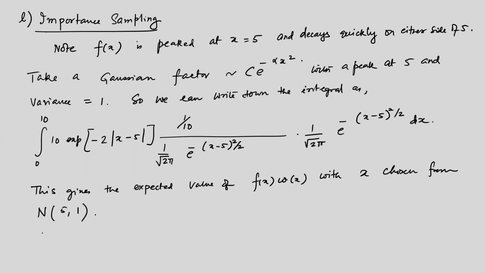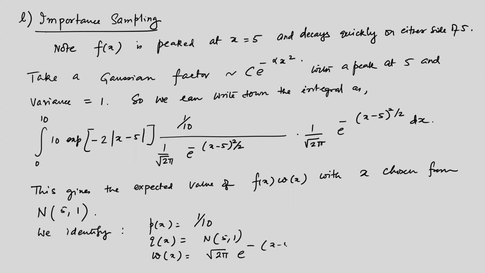So, here we identify P of x equal to 1 over 10, Q of x is equal to the normal distribution N(5, 1), and W of x, which is equal to root 2 pi exponential minus (x minus 5) whole square by 2 divided by 10, and this is nothing but p(x) over q(x).